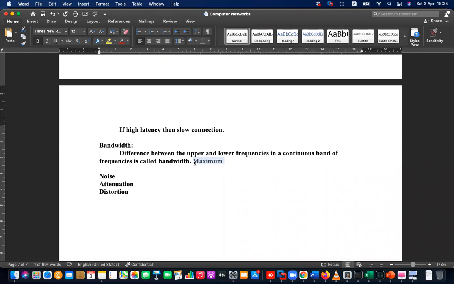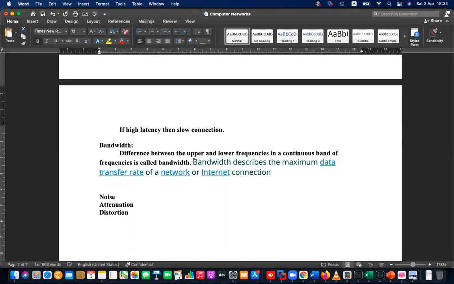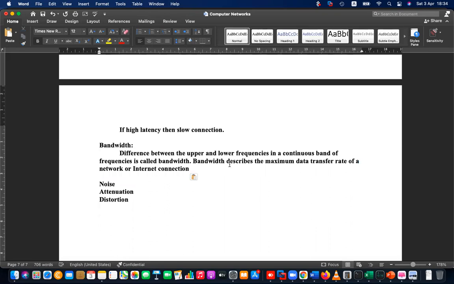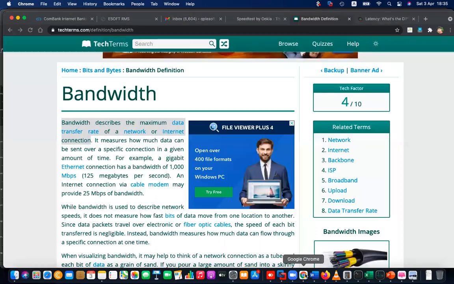Have you heard about mobile phones? Have you heard about mobile phone bands in Sri Lanka? In which bands are the mobile phones operating in Sri Lanka? If not, you can just Google it.